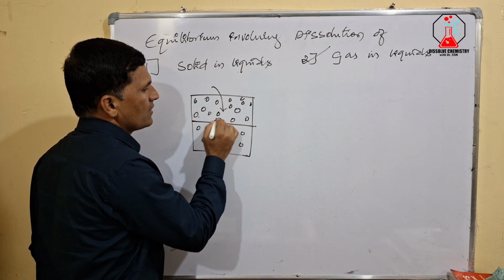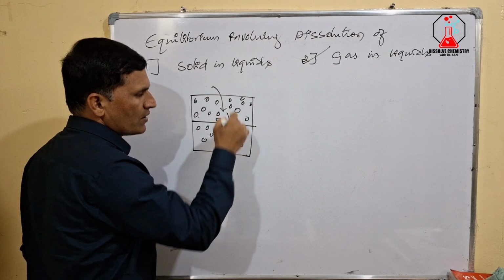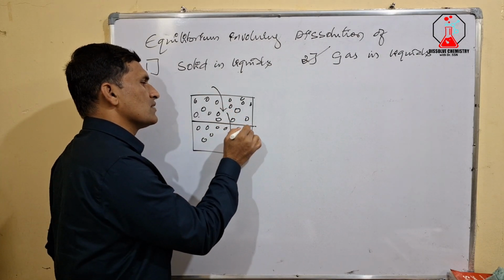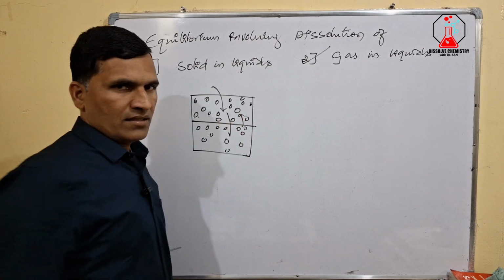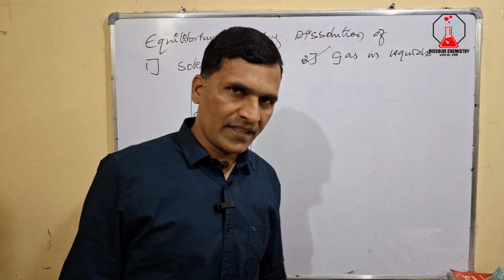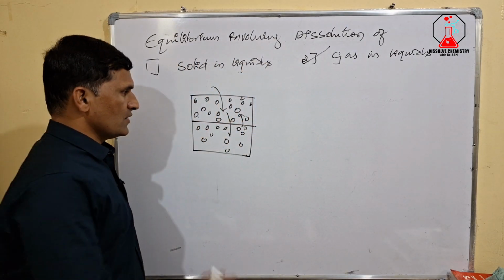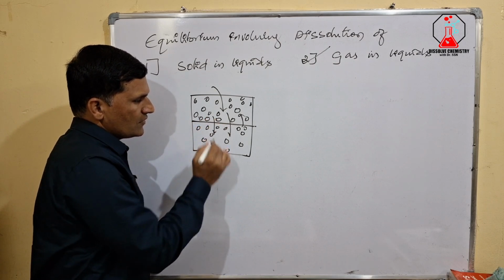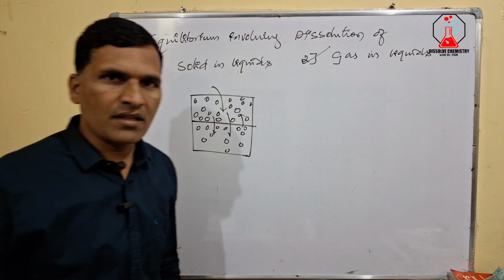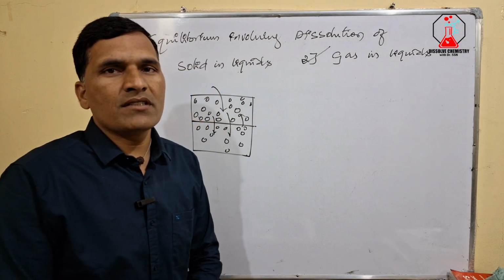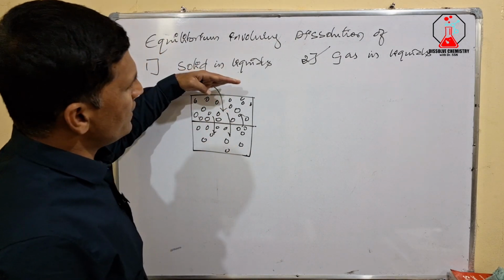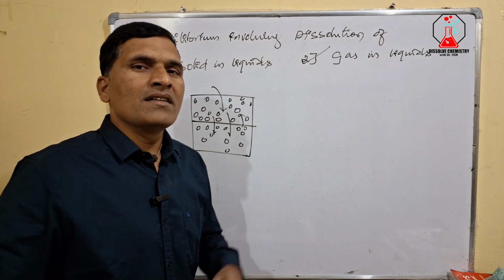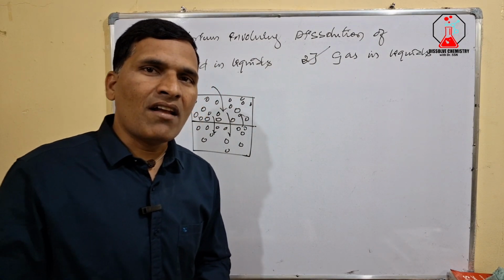The gas molecules will enter into the liquid phase and some of the molecules will start escaping into the gaseous phase. The number of molecules dissolved into the liquid phase depends upon how much pressure you are applying on this gas, and that is stated by Henry's law.